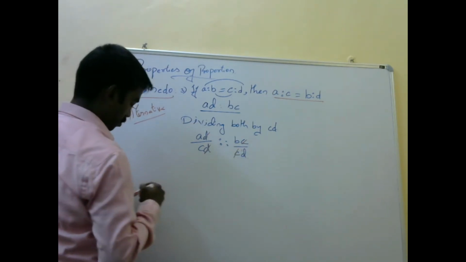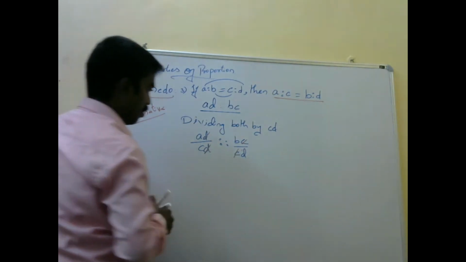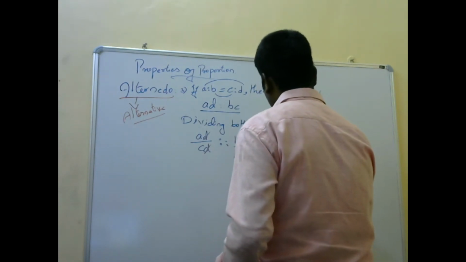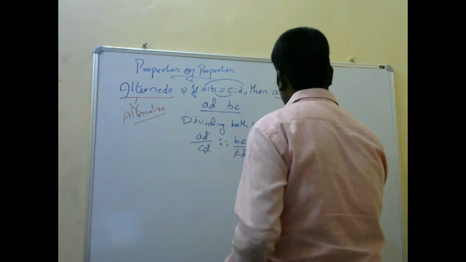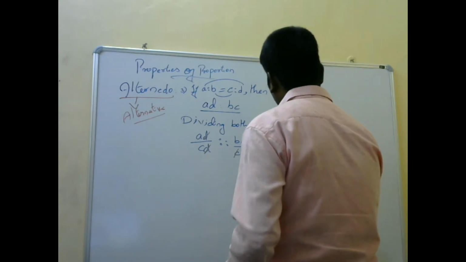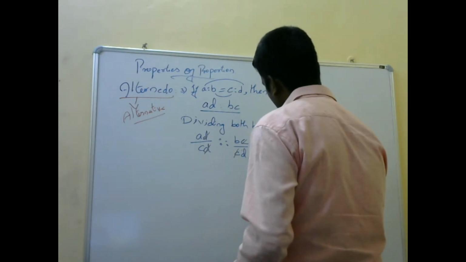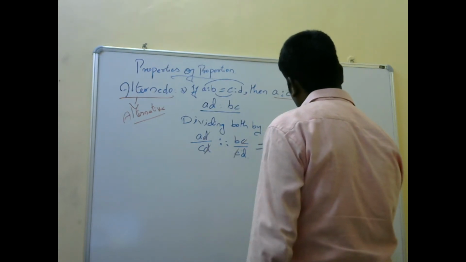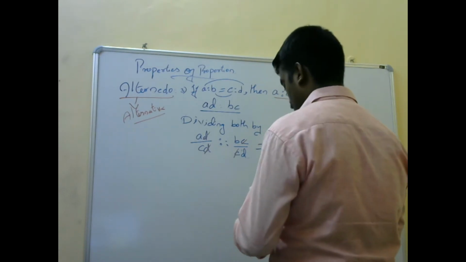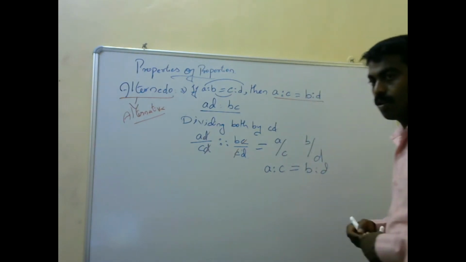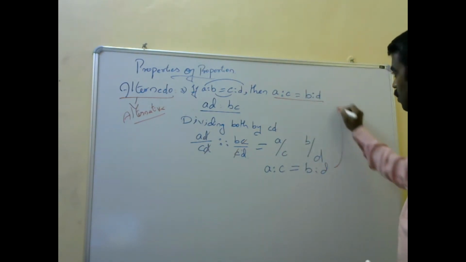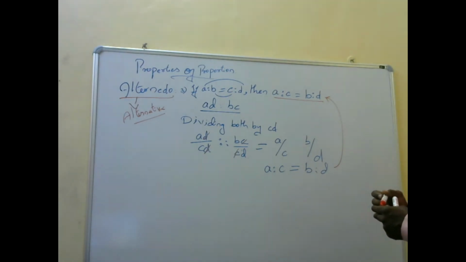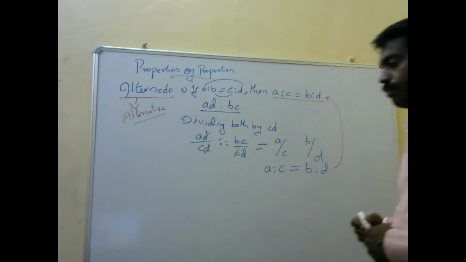What will you get? We will get A by C is equal to B by D. So how will you write? A is to C is equal to B is to D. Are you satisfied with this? LHS is equal to RHS. Please note down.